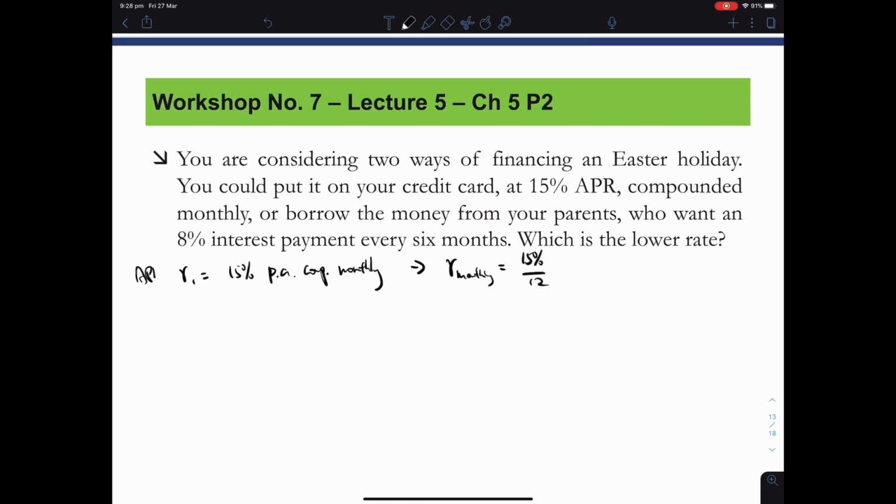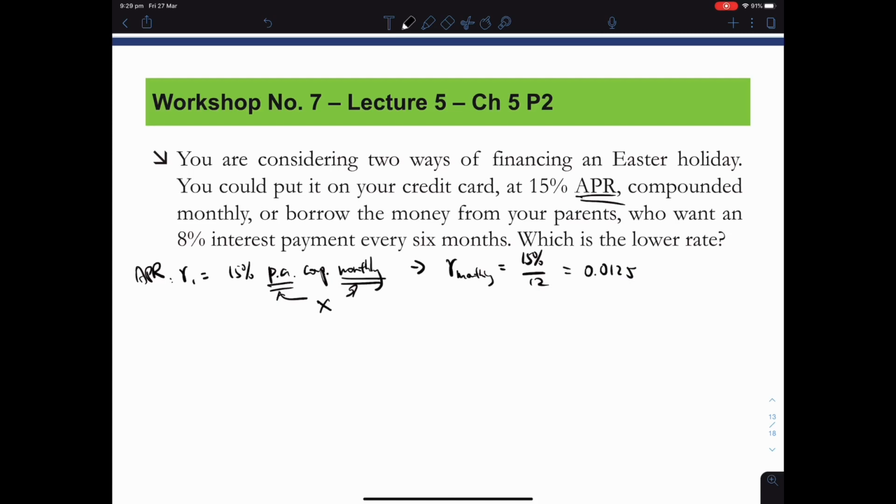It already tells you it is the APR. So our monthly interest rate equals the APR divided by the number of periods per year, and that's 15% over 12, which is 0.0125.